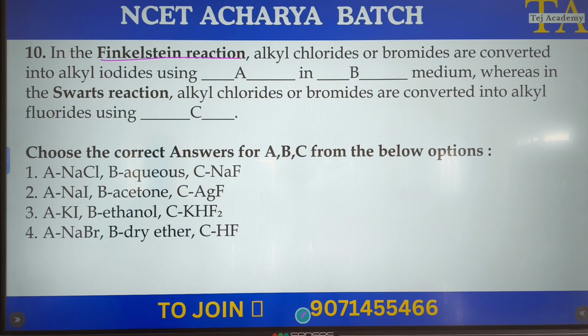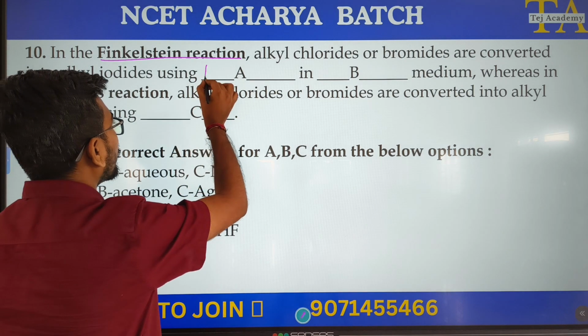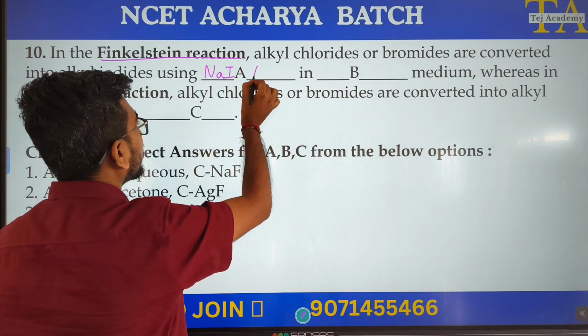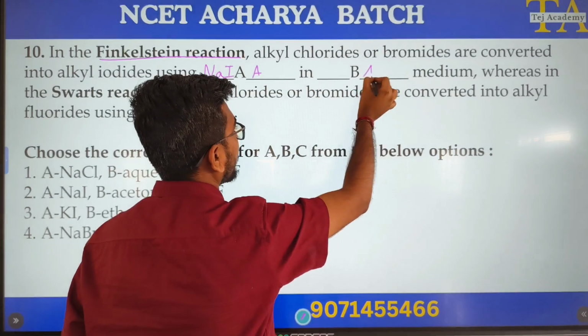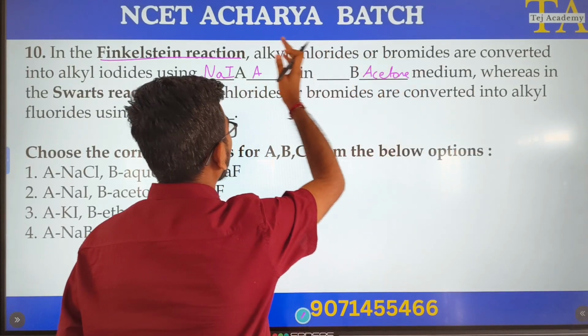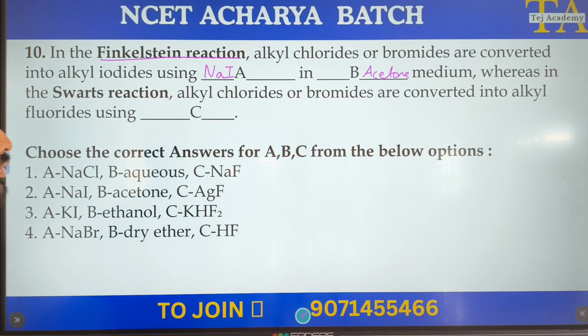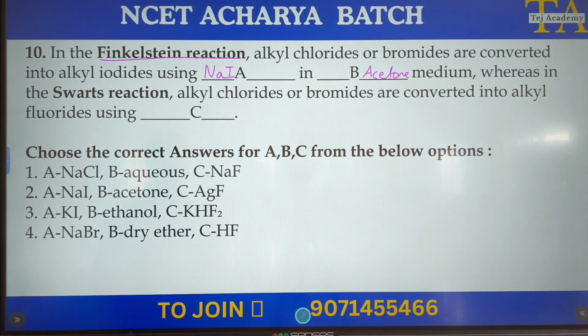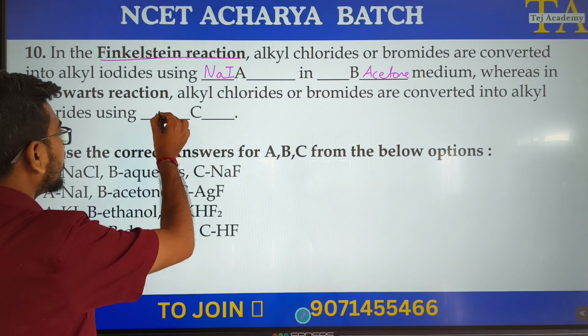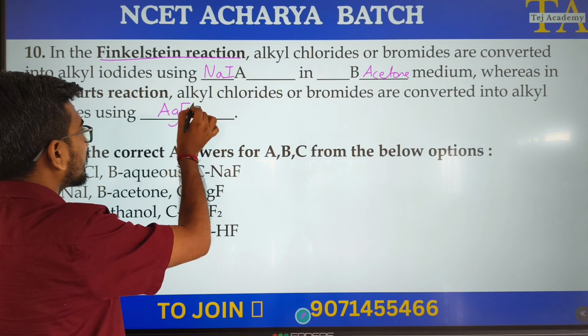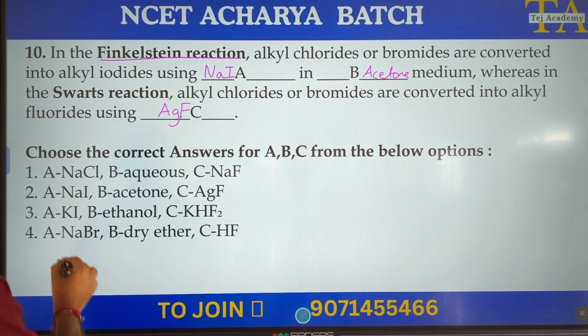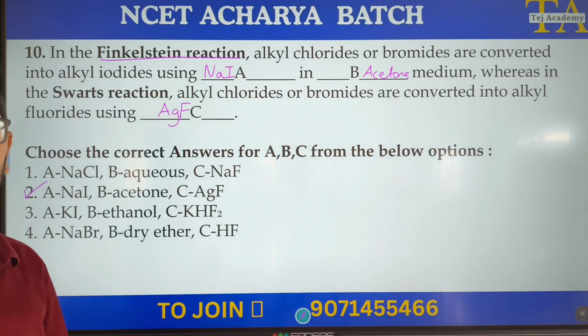We know that in Finkelstein reaction, alkyl chlorides or bromides will be converted into alkyl iodides in the presence of sodium iodide and acetone. Whereas in Swarts reaction, alkyl chlorides or bromides are converted into alkyl fluorides using AgF, silver fluoride. Option 2 is your right answer.